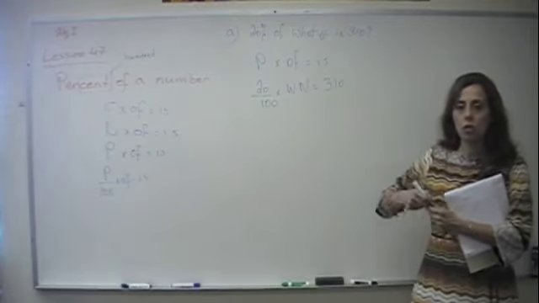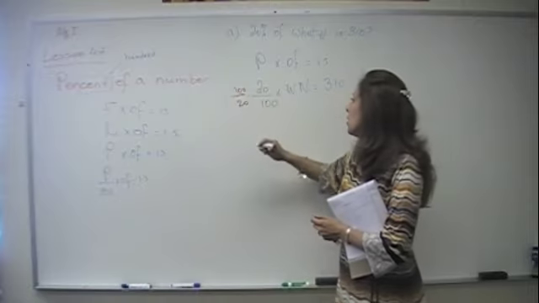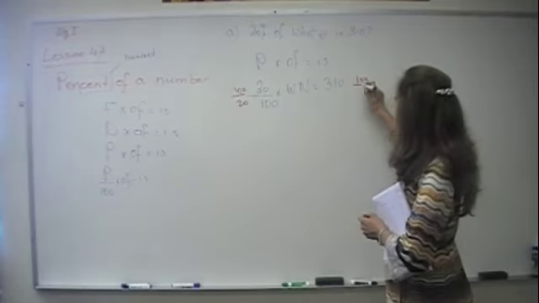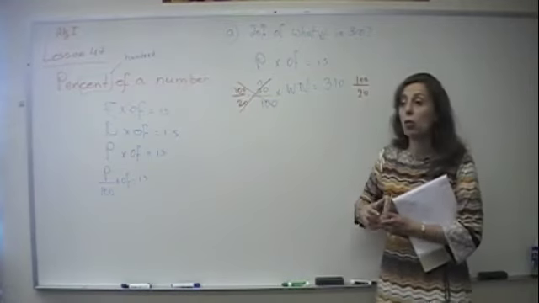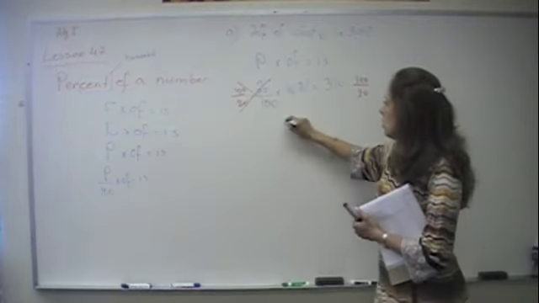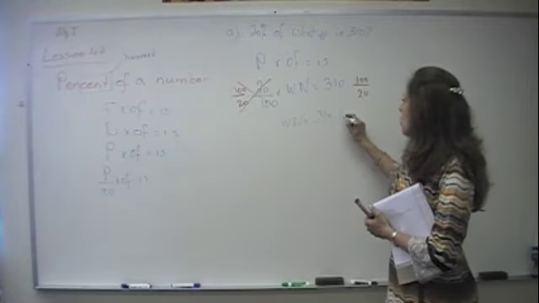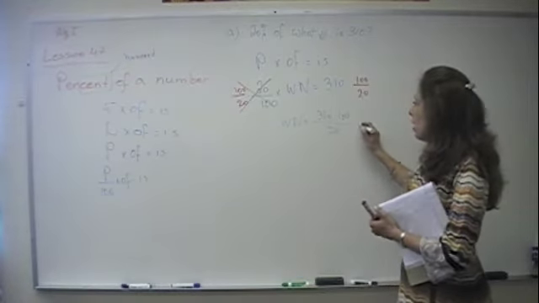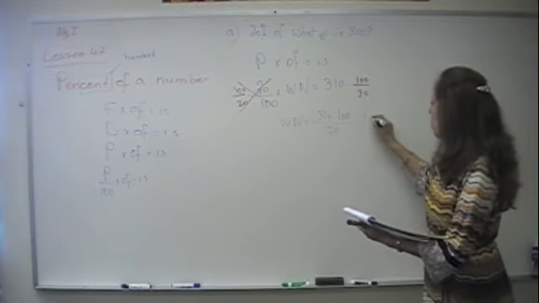Invert 100 and 20, cancel these, so you still have just wn. Then you can do 310 times 100 over 20, and the answer will be 1,550.